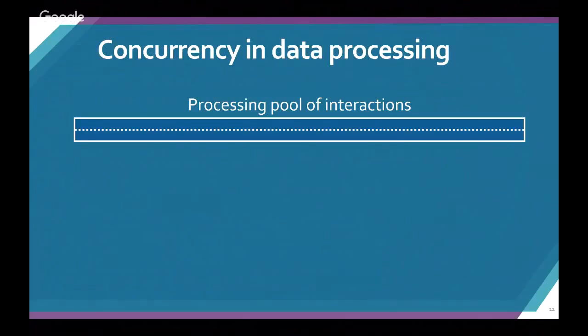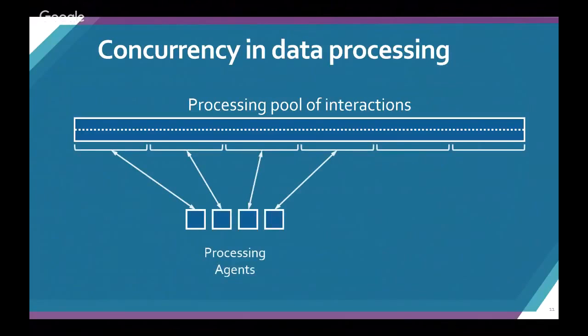Well, the interactions are put into something called a processing pool, and they are then split into something called ranges. And this way, the processing agents that run on processing servers can pick a range and start processing it.